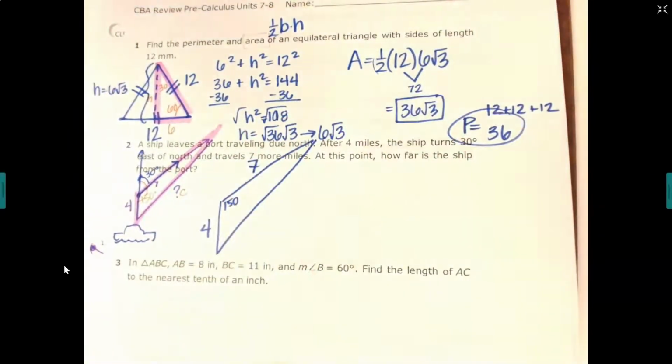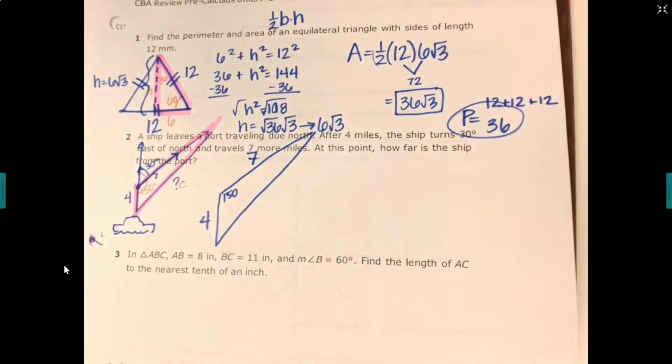Does that help? So it's not as picture-y. Okay? Can I do law of sines on this guy? The answer is no. The only angle I have, I don't know the side that goes with it. You can only use law of sines if you have an angle and a side that match. So what I'm going to do instead is law of cosines, which is what we learned yesterday.